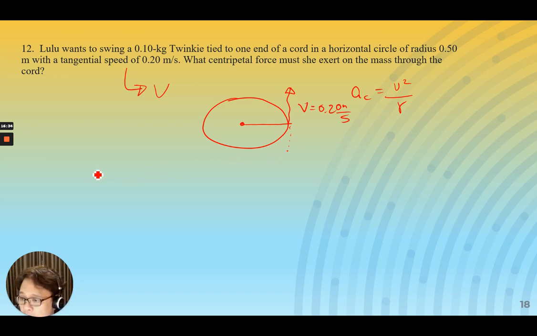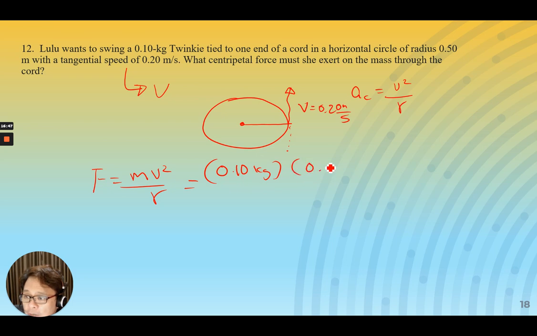So F is equal to m v squared over r. Let's check if everything is given. The mass of the Twinkie is 0.10 kilograms. The tangential speed is given, 0.20 meters per second, then square it, and the radius of the horizontal circle is 0.50 meters.